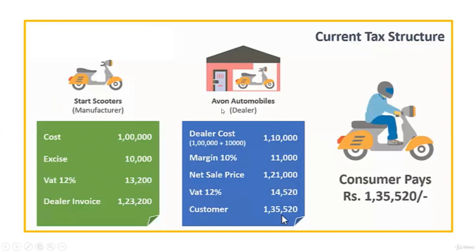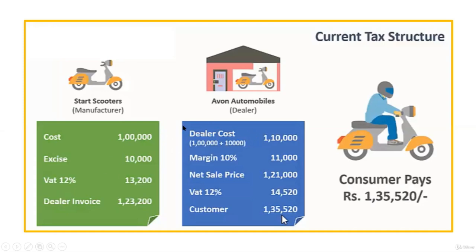But when Avon Automobiles calculates its base cost, the base cost will be 1 lakh plus 10,000. Why? Because Avon Automobiles cannot take the input tax credit of the excise duty amount, so they add this excise amount in their cost.